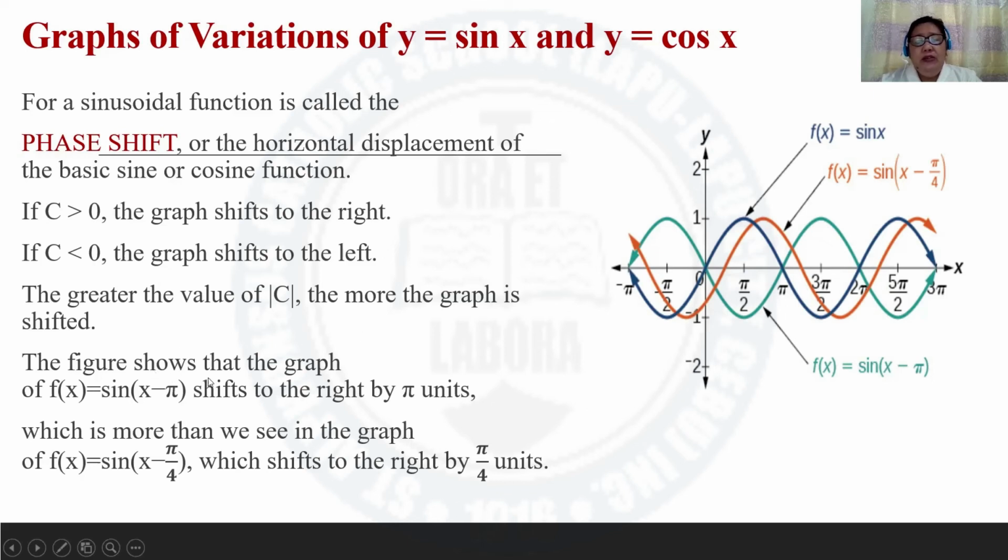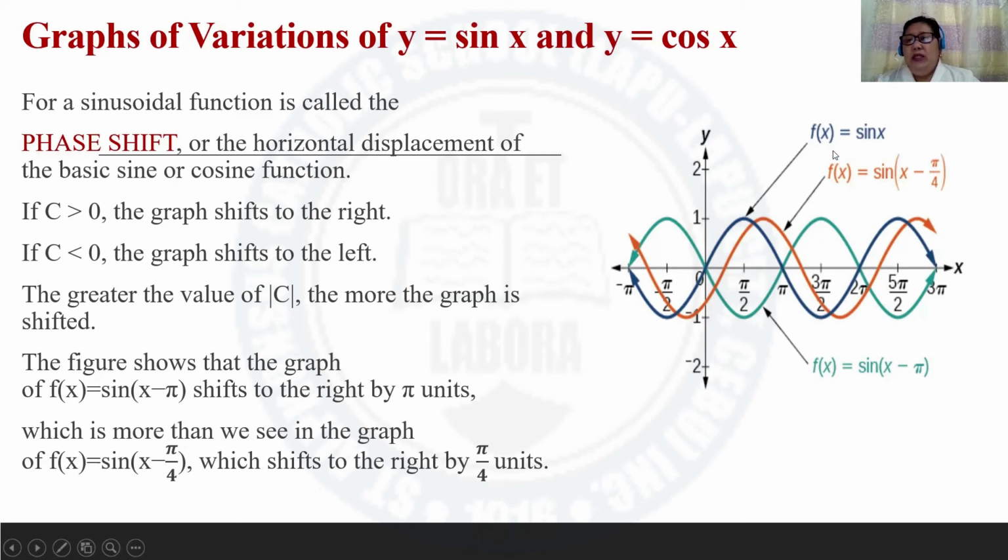The figure here shows that the graph of f of x equals sine of the quantity x minus pi shifts to the right by pi units, which is more than we see in the graph of f of x equals sine of x minus pi over 4, which shifts to the right by pi over 4 units.